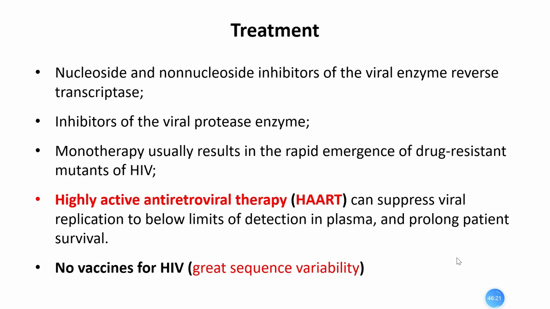But the lesson we learned in the last several decades is that single therapy, the monotherapy, usually results in a rapid emergence of drug resistance due to HIV mutation. So the strategy here is that they use the highly active antiretroviral therapy. So that's combining different medicines with different mechanisms to inhibit HIV.